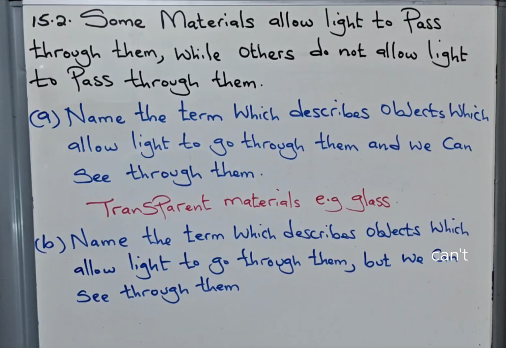We normally see it in glasses of the bathrooms. You see light going through them, but when you try to see things across, you can't see them. So how do we describe such materials? We call them translucent or semi-transparent.